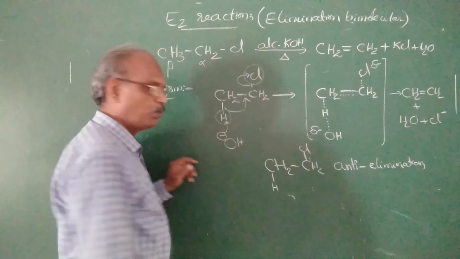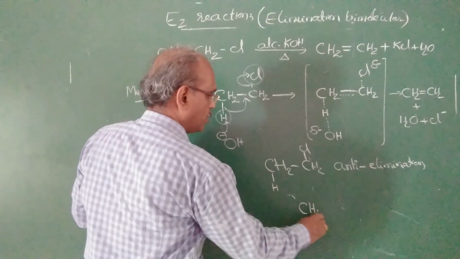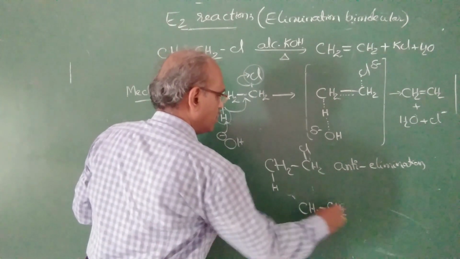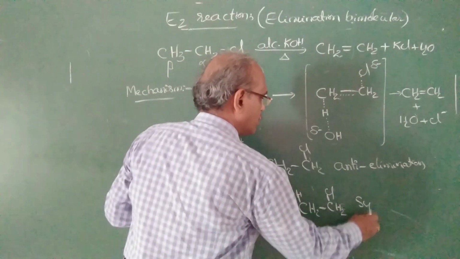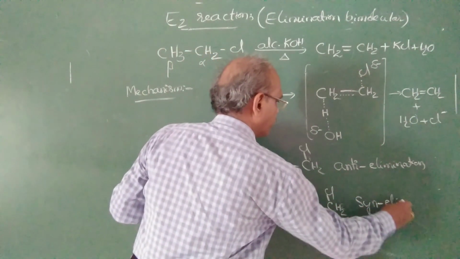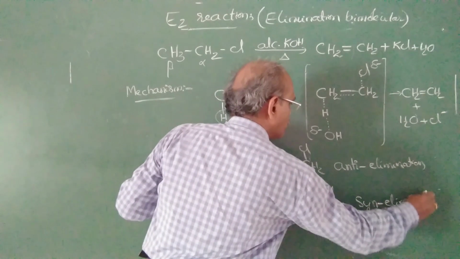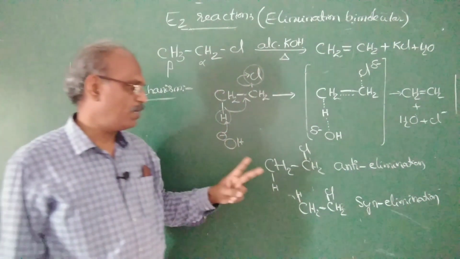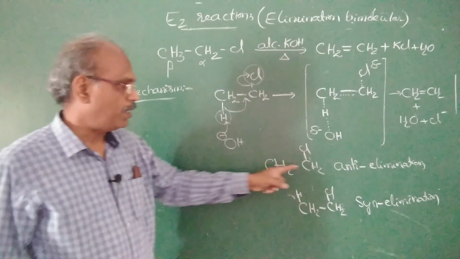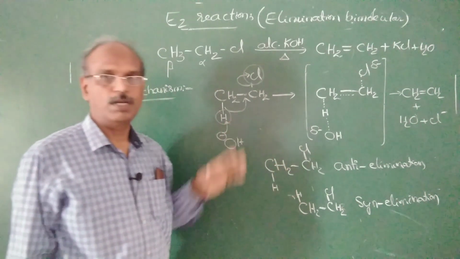If these two groups are removed from the same side, that is said to be syn elimination. So there are two possible ways for this, anti-elimination and syn elimination.